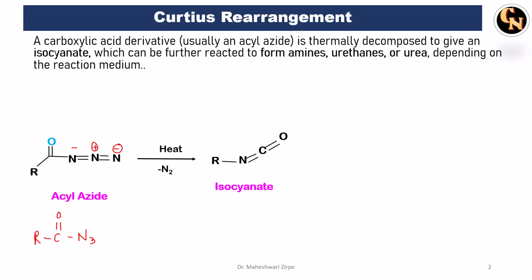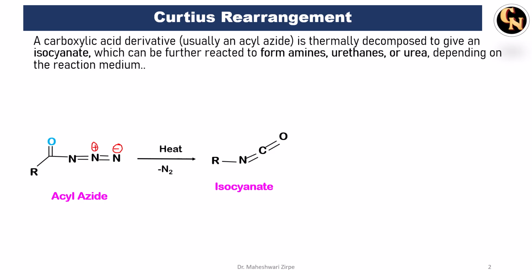Students, the first thing is you are going to heat this compound, and it gets converted into an isocyanate. We will see the mechanism, but when you heat this acyl azide, the N2 group is eliminated, and at the time of elimination a rearrangement takes place.